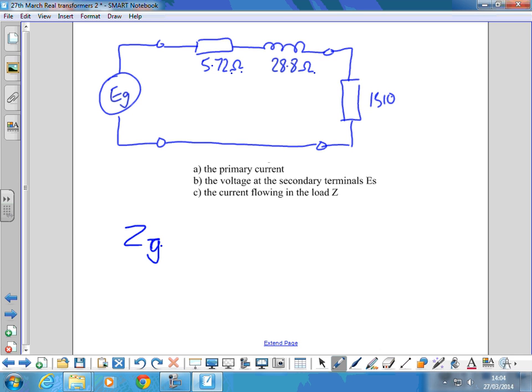That's equal to 5.72 plus 1510, let's put that in brackets, plus 28.8 J. That's like that in complex, isn't it?